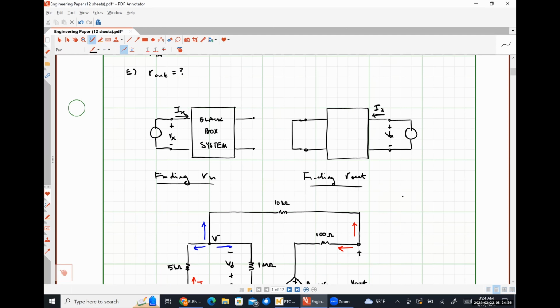What does that remind you of? Exactly right. Even down to the fact that we are turning off our input voltage source.